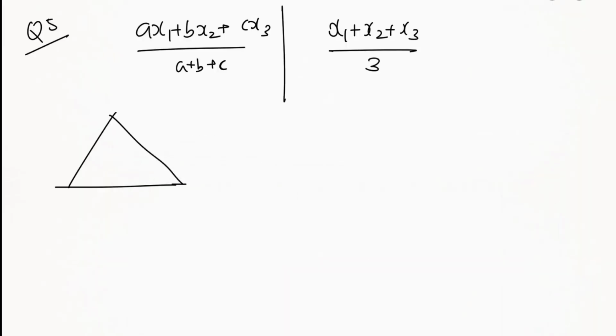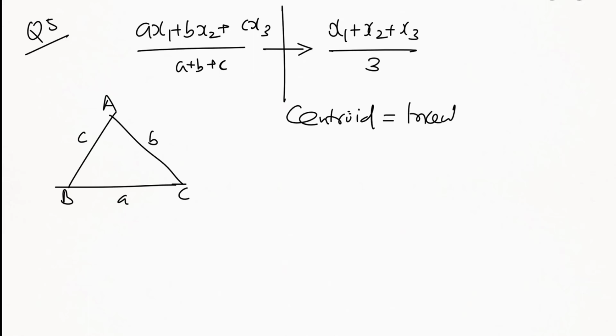If the triangle is equilateral, a, b, c will be the same, right? The lengths of the sides are the same in an equilateral triangle ABC. So always remember centroid and incentre are the same in an equilateral triangle.